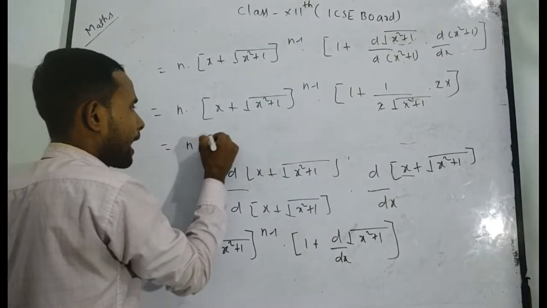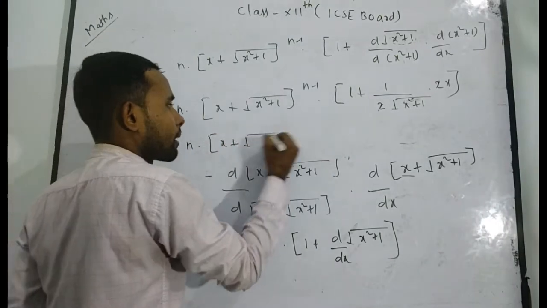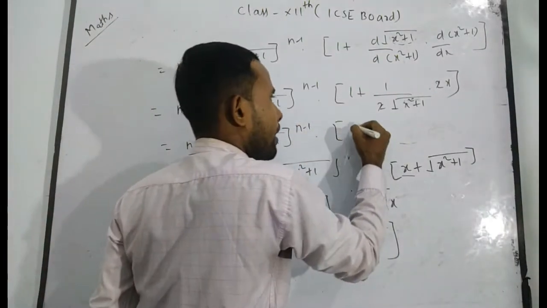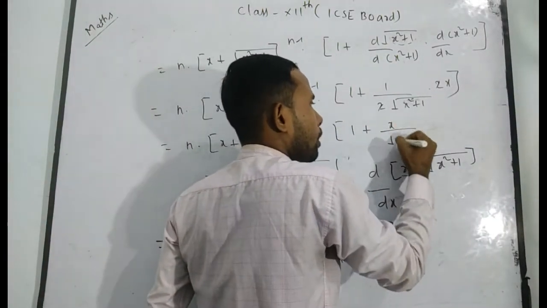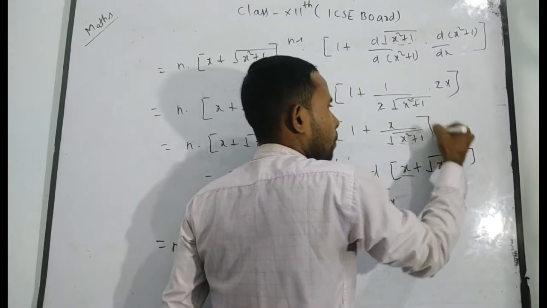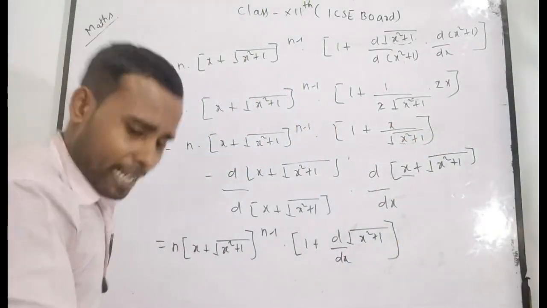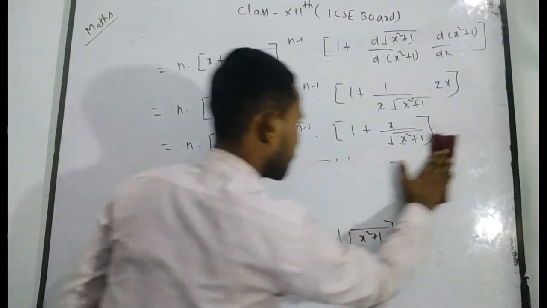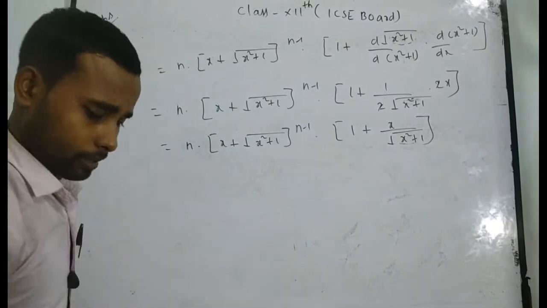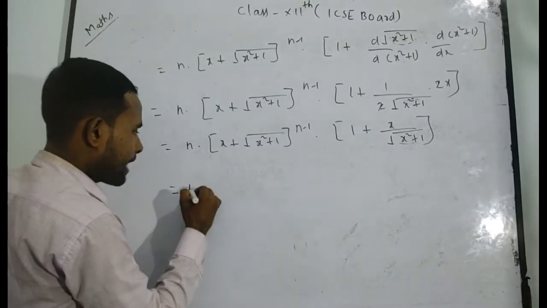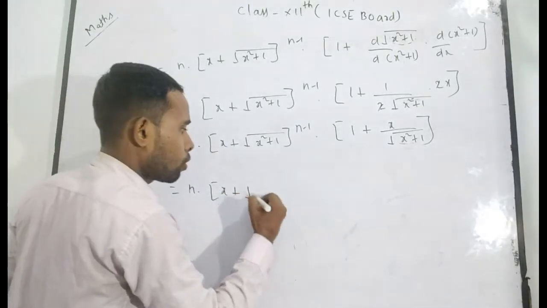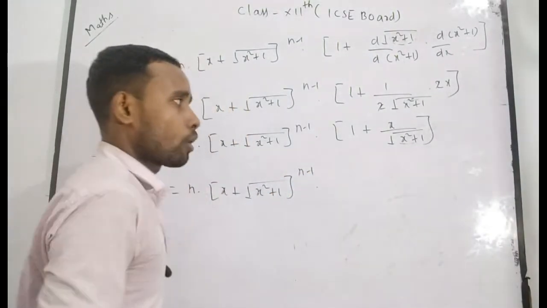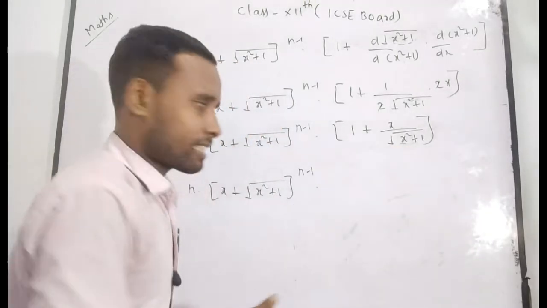So finally it will be n times (x + √(x² + 1))^(n-1) into 1 plus x by √(x² + 1). I think you understand very well. Again I want to tell you, can I have this part? n times (x + √(x² + 1))^(n-1) into, now I want to take its LCM.